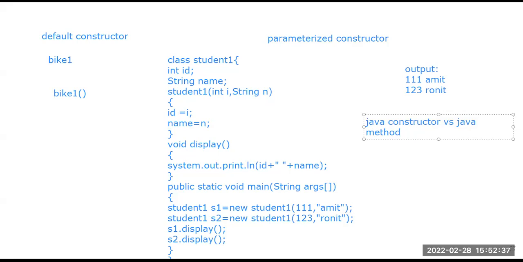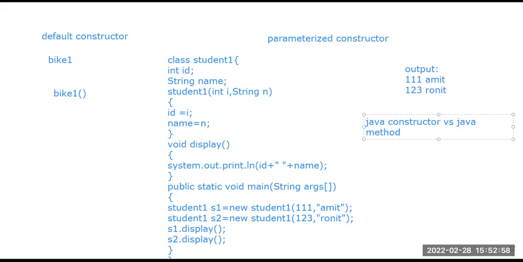So the constructor is a special type of Java block where we use some values or parameters in our program, maybe a default constructor or maybe a parameterized constructor, where we put some values to run the particular program.